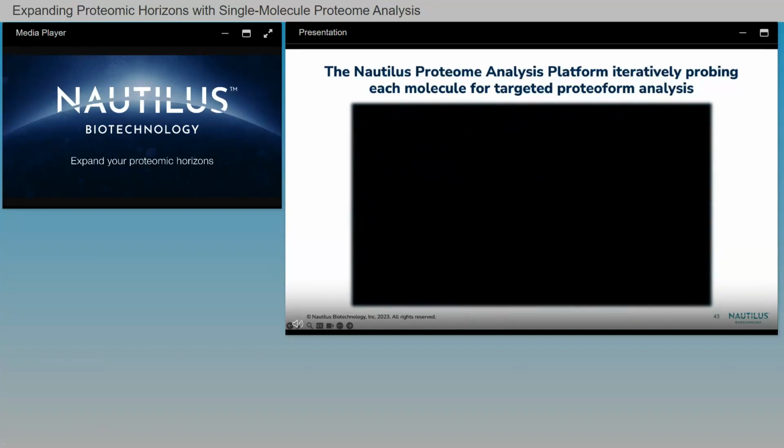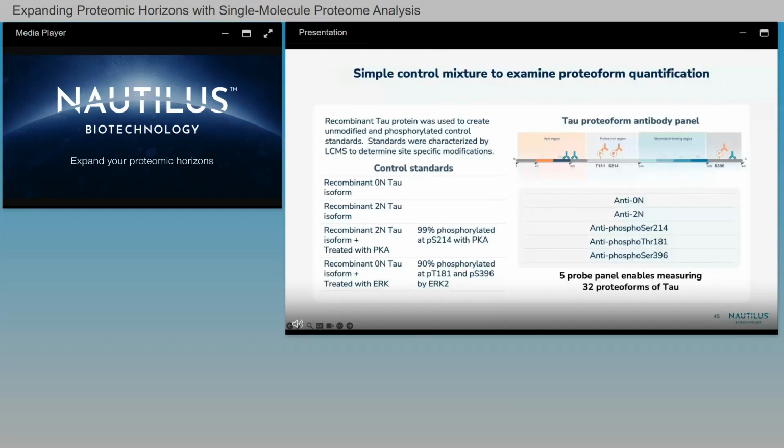As a first test of this approach and this platform, we began with a simple control mixture. In this mixture, we started with a recombinant protein that was the 0N isoform of tau and a recombinant 2N isoform of tau. We then phosphorylated the 2N with an enzyme, protein kinase A, that fairly specifically modifies just serine 214.